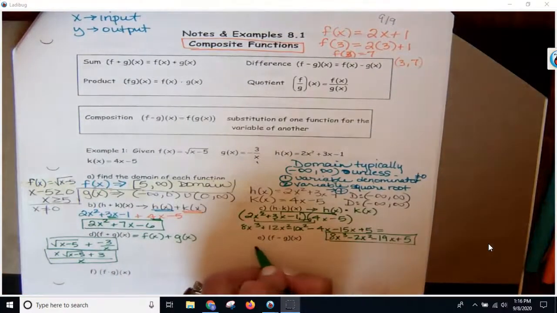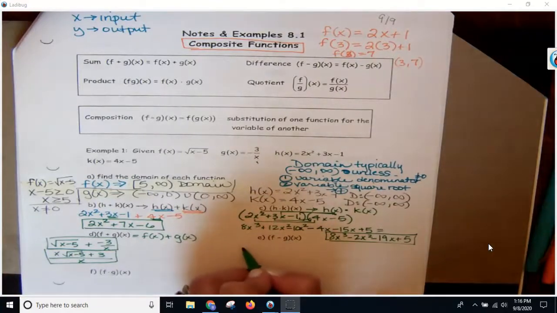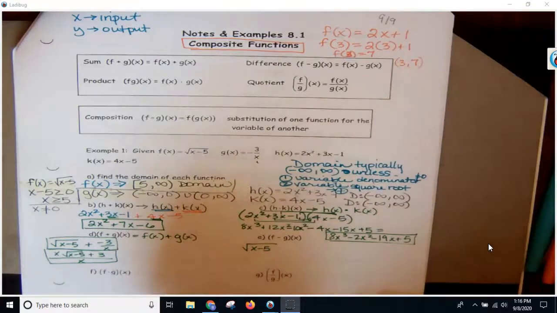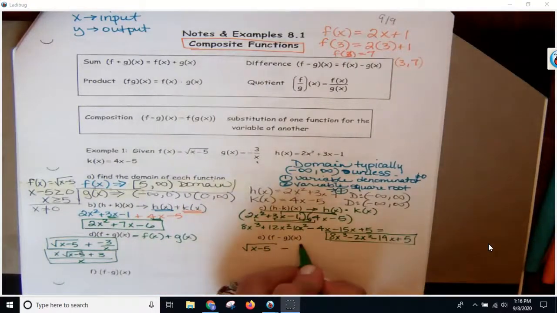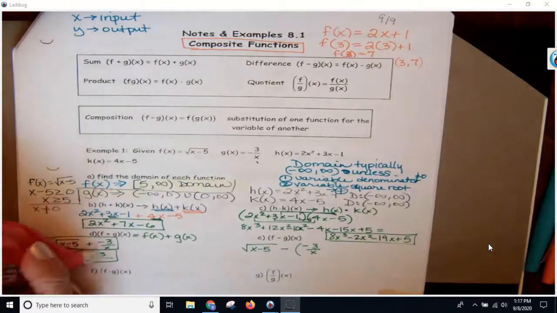Here we've got f of x minus g of x, so we've got the square root of x minus 5 minus a negative 3 over x. And I noticed that I lost my negative over here, so this should actually be minus.